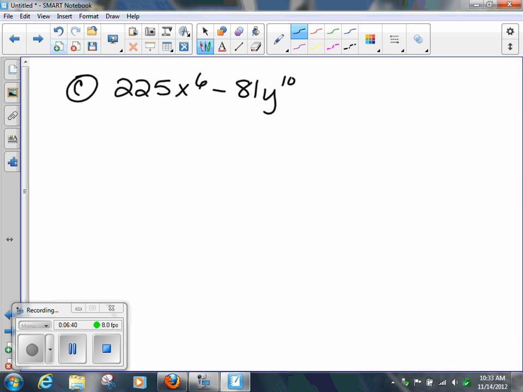Did you notice that we're dealing with numbers that we haven't typically dealt with before? Okay, this is like factoring on steroids, is what I think it looks like. But I do notice that 225 is a perfect square. I notice that 81 is a perfect square, and it's only 2 terms with a minus sign in the middle. Chances are this is going to be a difference of squares.